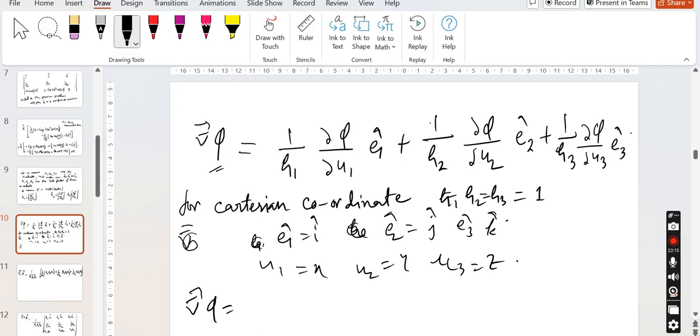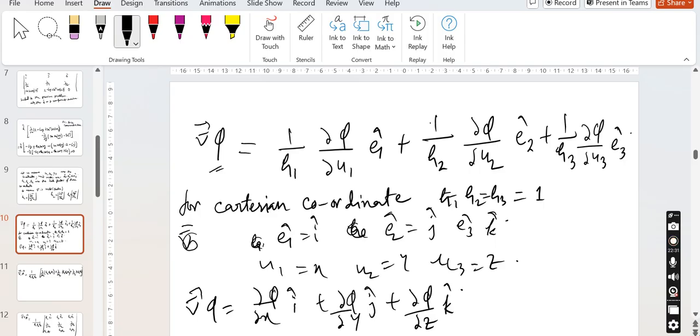So the gradient formula becomes del phi del x i plus del phi del y j plus del phi del z k.